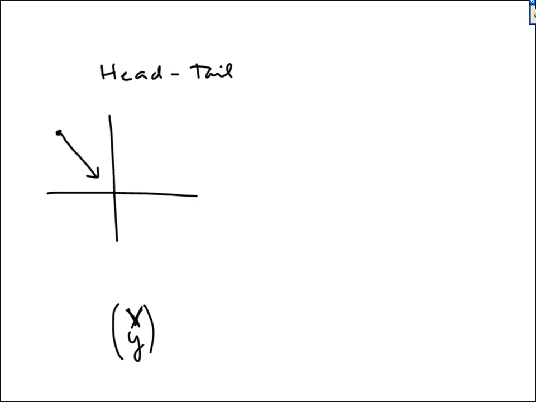It's always the head minus the tail. So for example, if you have that vector, and I am telling you, P1 is negative 3, 5, and the point P2 is negative 1, 2.